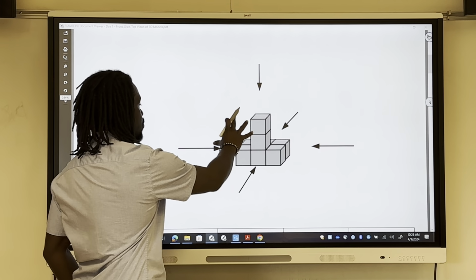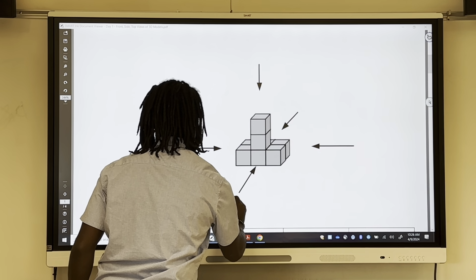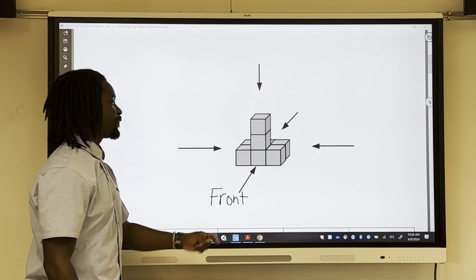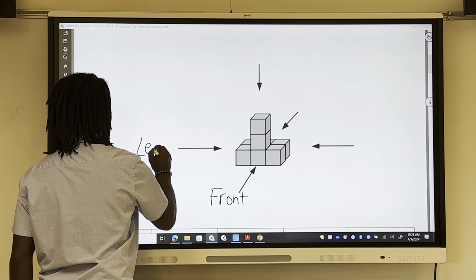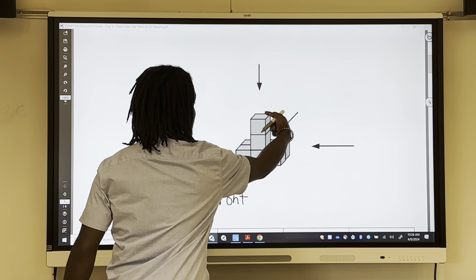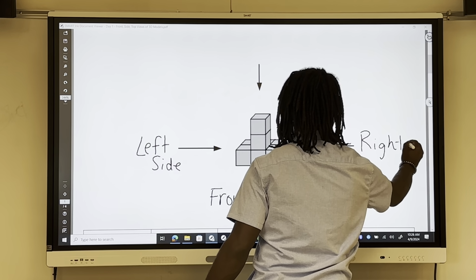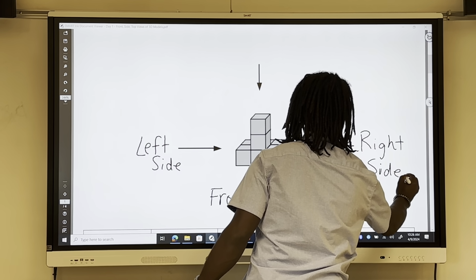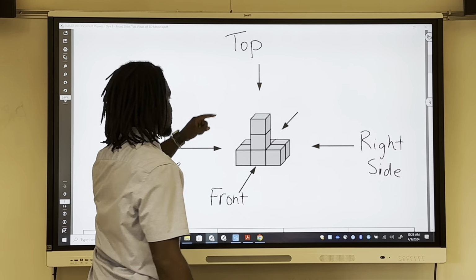This is the front view. This is the left side. This is my right side. And this view is the top view, okay, this is the top view.